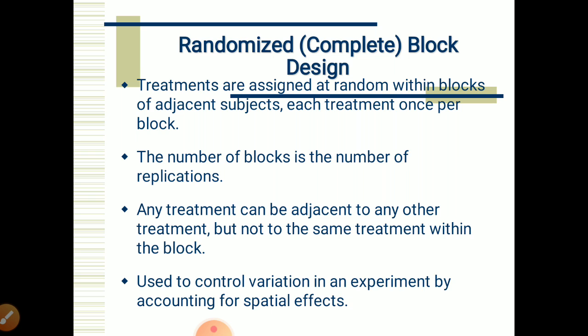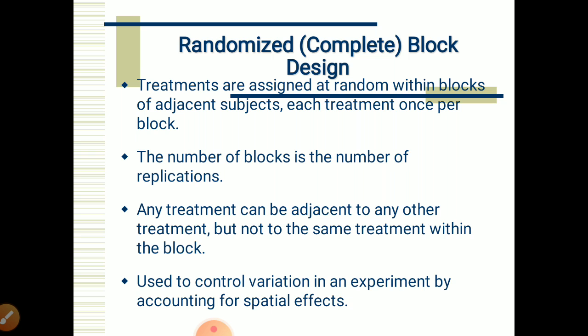The second point is, the number of blocks is the number of replications, because as I just told you, we are allocating only one replication per block. For that reason, the number of blocks will be the number of replications per treatment. Any treatment can be adjacent to any other treatment, but not the same treatment within the block.